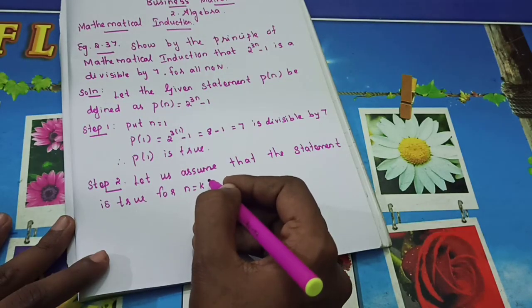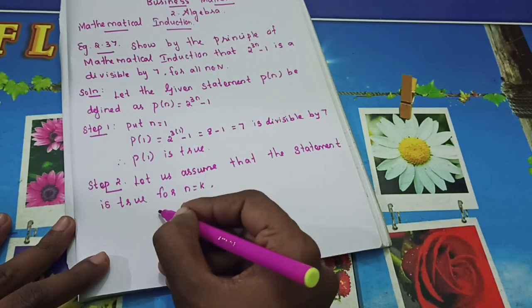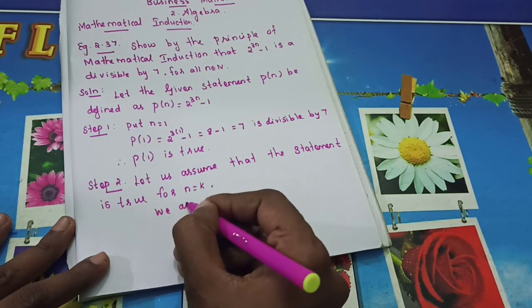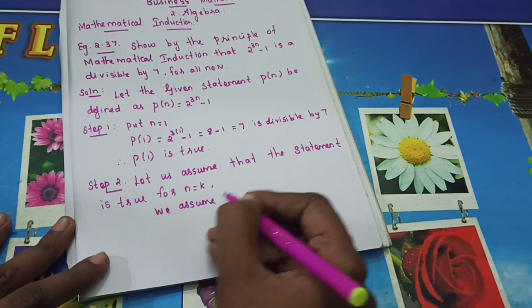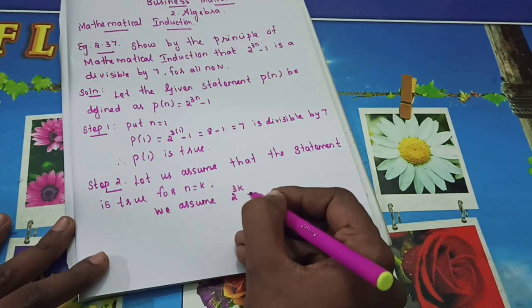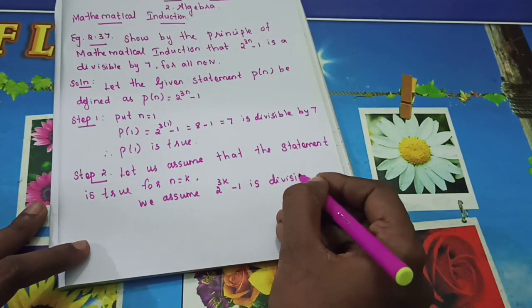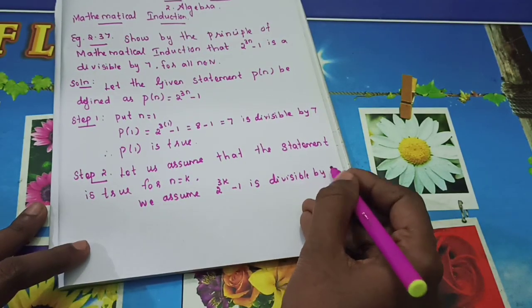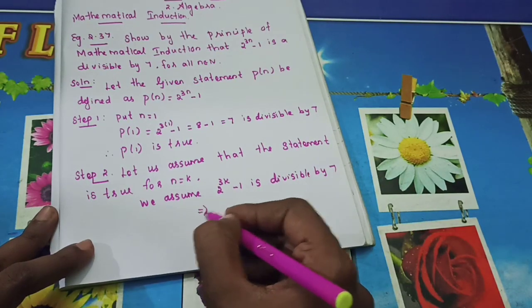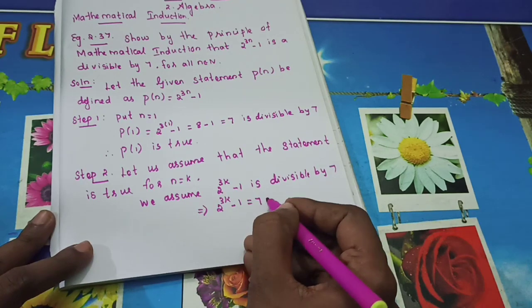If we substitute n equal to k, we assume 2 power 3k minus 1 is divisible by 7. The meaning is 2 power 3k minus 1 is equal to 7 into m.